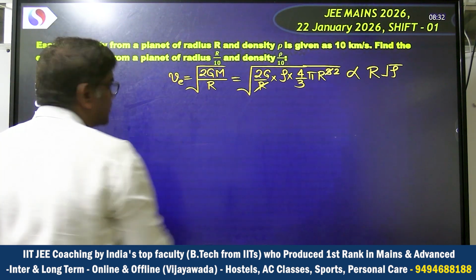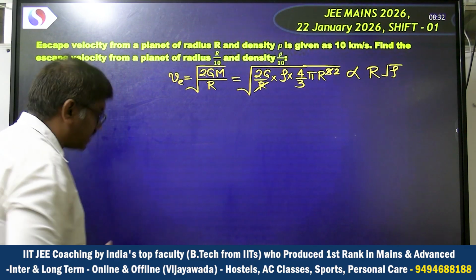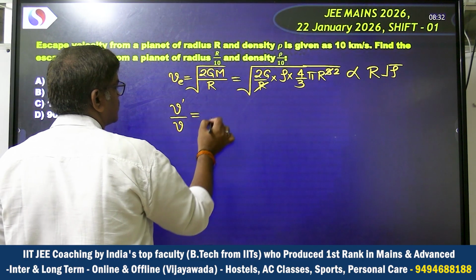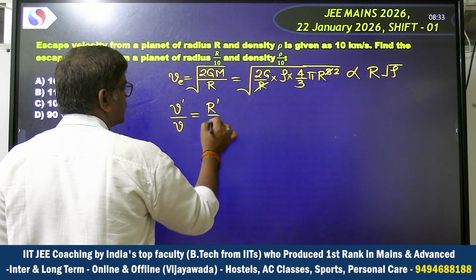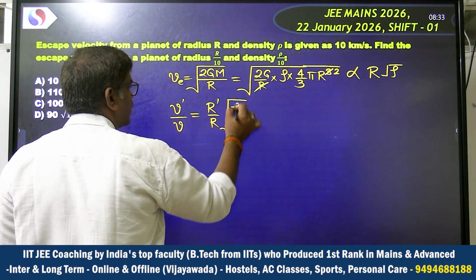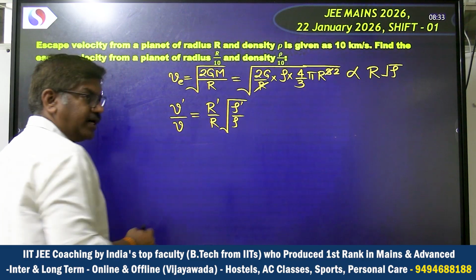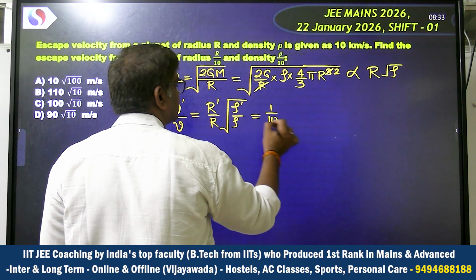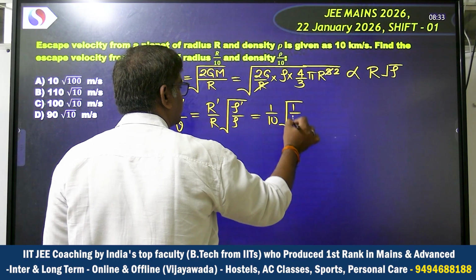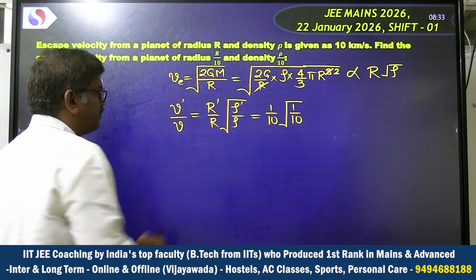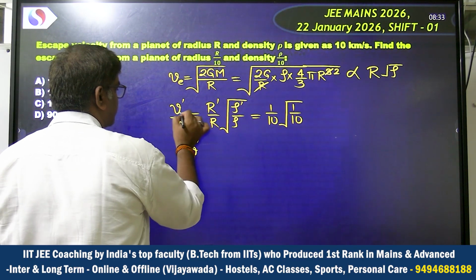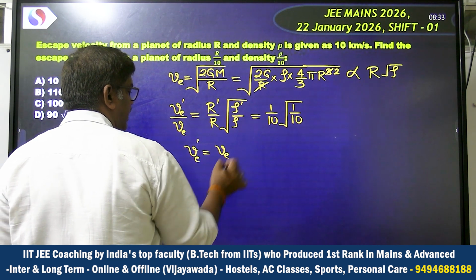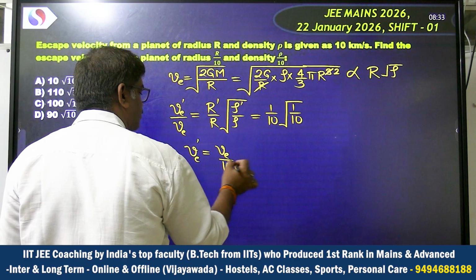When we want to compare the escape velocity for two different planets, we can say V dash by V is equal to R dash by R into under root of rho dash by rho, as per the proportionality. Now as it is given, this is 1 by 10, this is also 1 by 10. That means the new escape velocity for the new planet will be VE times 1 by 10 root 10.